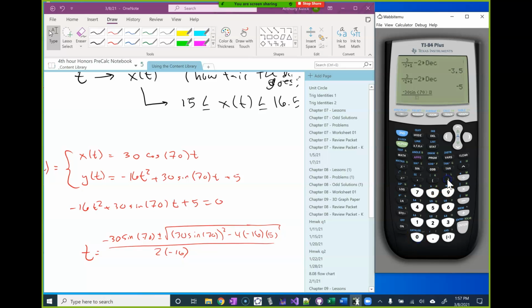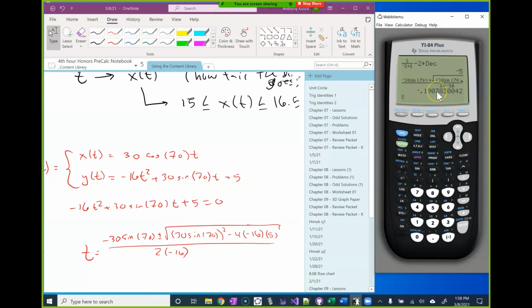So there's my negative 30 sine 70, and I'll do plus, and then square root 30 sine 70, close, close, squared, minus 4 times 16 times 5, all over 2 times negative 16.